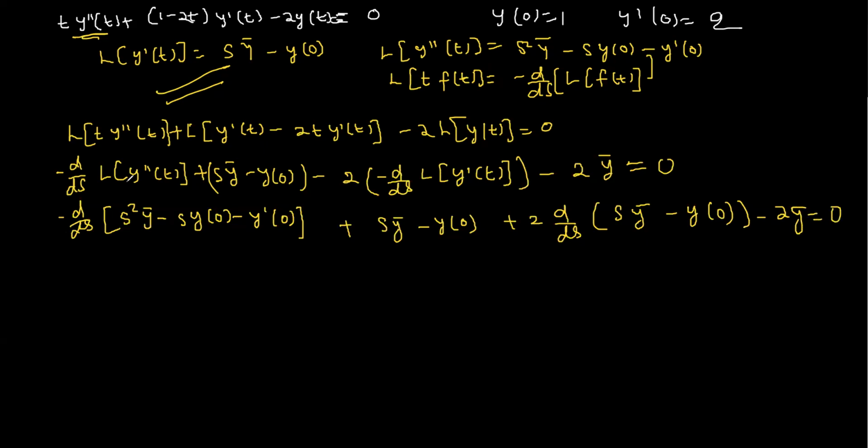Up to here, you understood? Okay. You can put here y0 is equal to 1, y dash 0 is equal to 2. Okay. So the derivative of s is this.